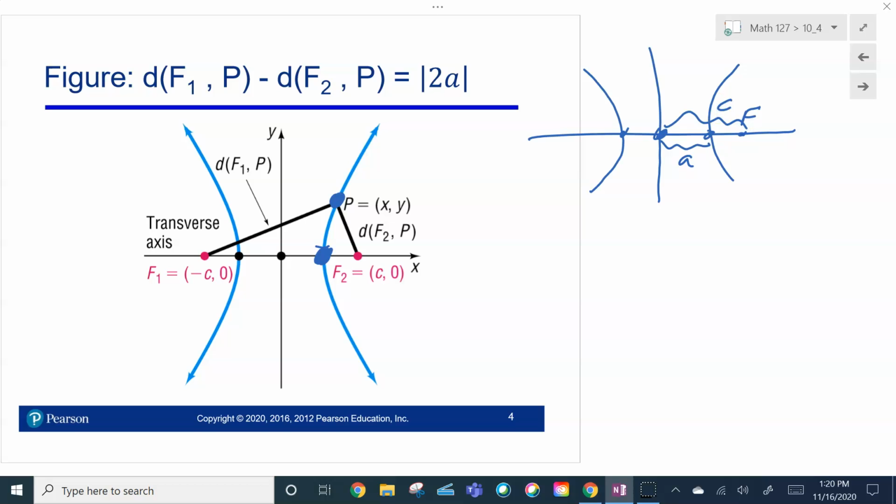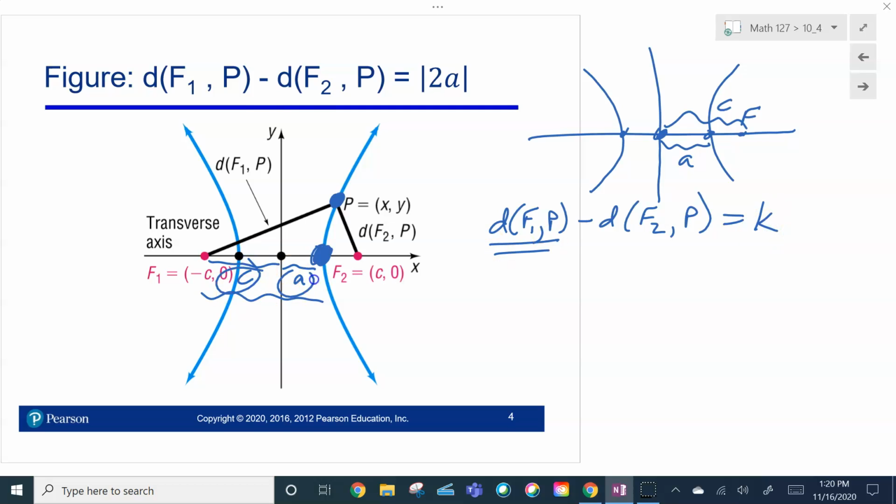So if I move this point down here to P, then this total distance would be c plus a. The distance from F1 to P minus the distance from F2 to P is a fixed constant k. We're going to find out what that is. So this distance is c plus a. So c plus a minus the distance from F2 to P.